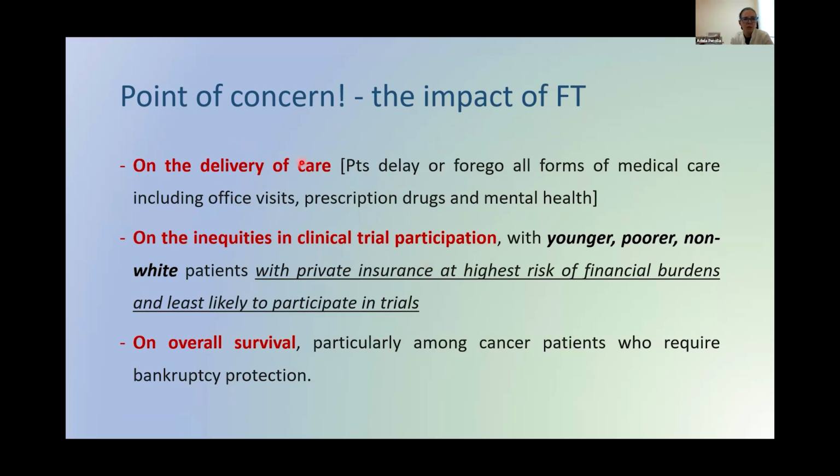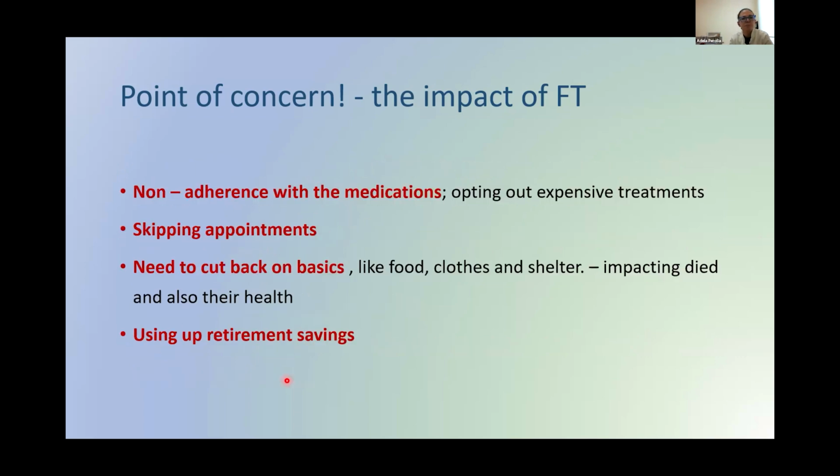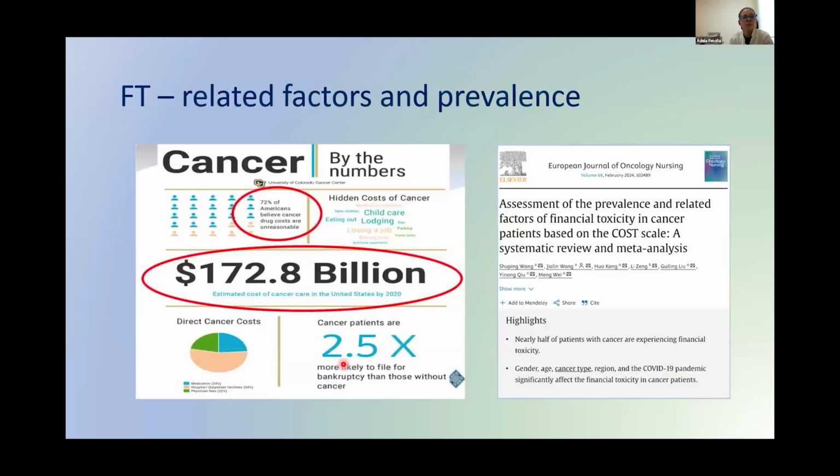And if we don't have the delivery of care, and if we don't have this equity in the treatment of these patients, we have an impact also in overall survival. Sometimes patients, due to the lack of money, do not adhere to the medication. They skip appointments, and sometimes they need to cut back on basics like food, clothes, and shelter, impacting also their health. And sometimes they use also the retirement savings, and this impacts their life.